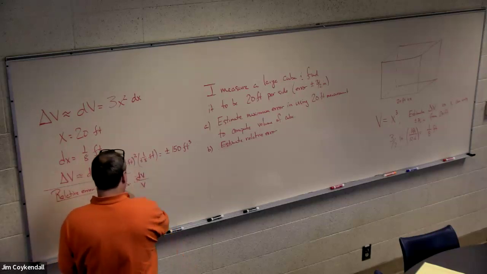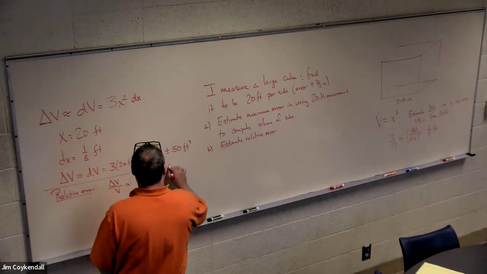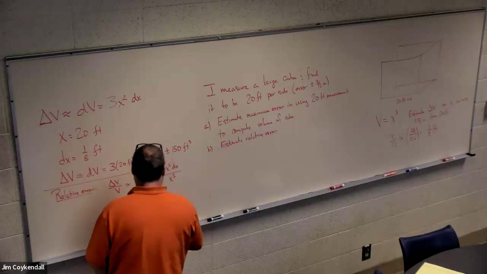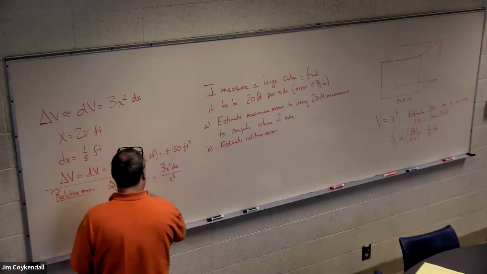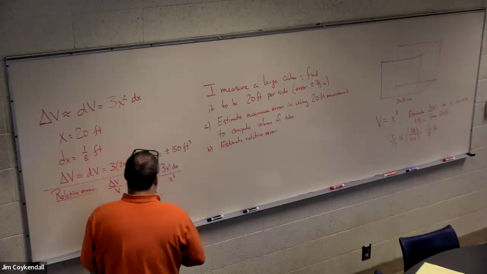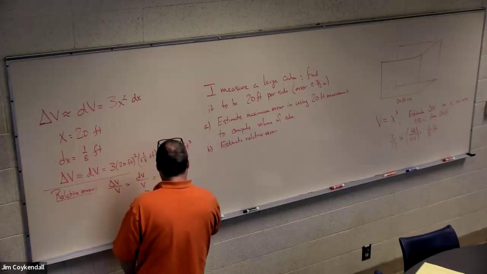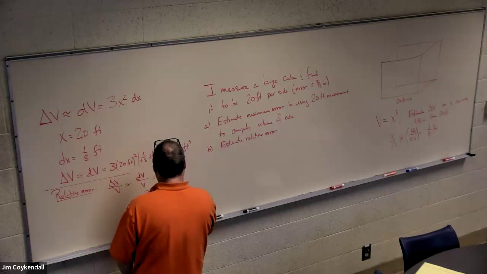To make this easy, I'm going to do that, because dV is much easier to use than delta V. This is 3x squared dx over x cubed. So I don't have to put real numbers in until the last minute. 3dx over x. And let's see what I get. This is going to be 3 times 1/8 over x, which is 20.